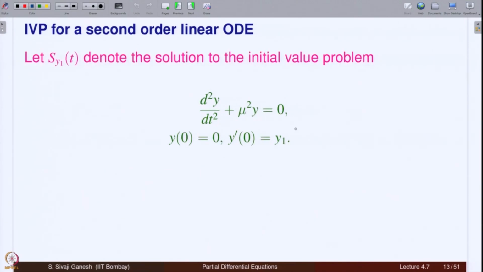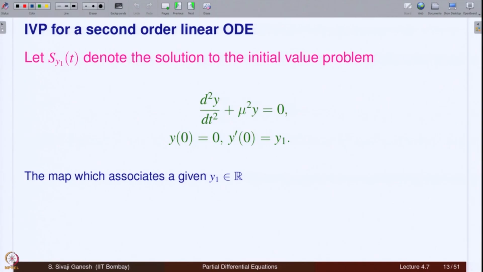With that view in mind, let us discuss the homogeneous ordinary differential equation with initial conditions y(0) = 0, that is initial position is 0, and initial velocity y'(0) = y1. A solution to this we will denote as S_y1(t). S is for solution, y1 to remember that y'(0) is y1, and the ODE in the background is the homogeneous ODE.